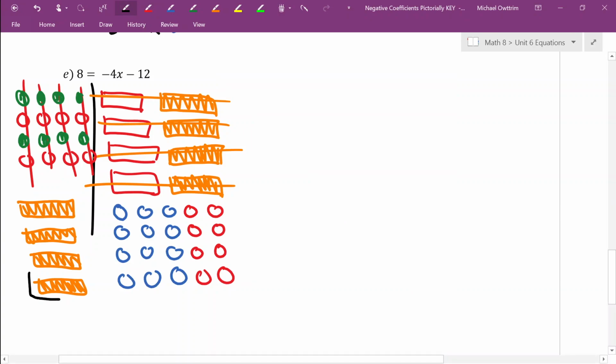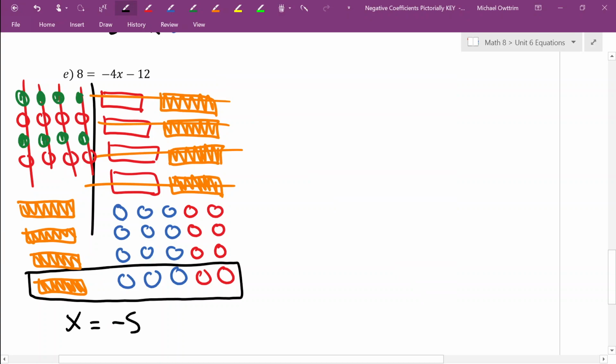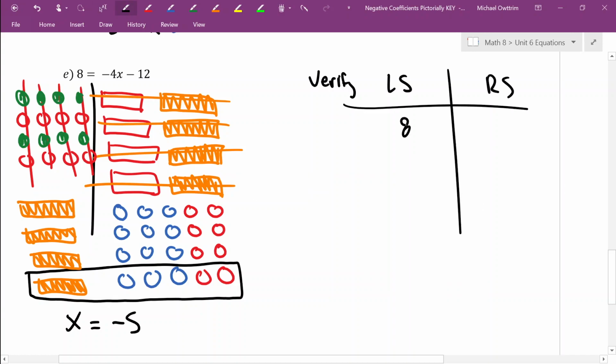Looking at each of our equal 4 rows, we can see that 1x on the left side is equal to 5 negatives on the right side, and that's going to be our solution. Let's verify that. Again, we want to be careful with our integers. In the original equation, the left side was just 8. The right side was negative 4 times whatever we think x is, and then subtract 12.